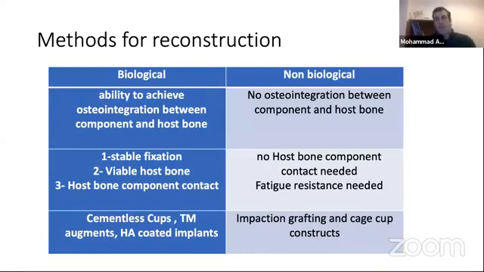Biological means that the component osseointegrates with host bone, and that requires a stable fixation, viable host bone, as well as host bone component contact. Examples of that would be a cementless cup, trabecular metal augments, and HA-coated implants. Non-biological does not require osseointegration between the component and host bone. There's no host bone component contact needed. However, fatigue resistance is needed. Examples of that would be impaction grafting and a cage cup construct.